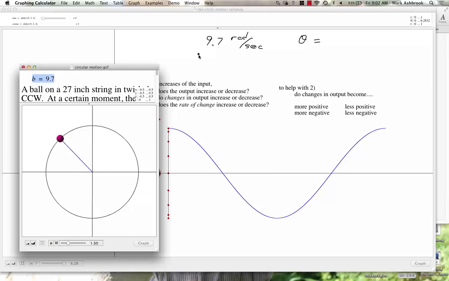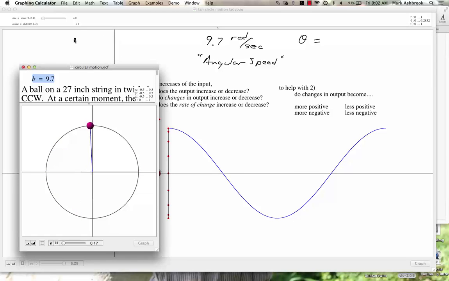So this is called the angular speed. And we wanted to write an expression for theta in terms of t, the time since it passes the 3 o'clock position.